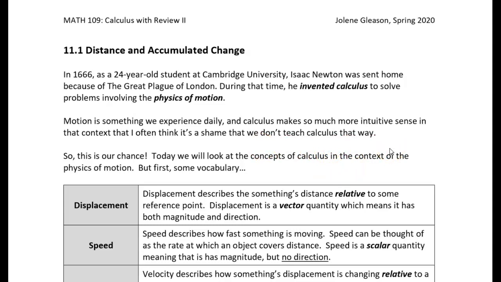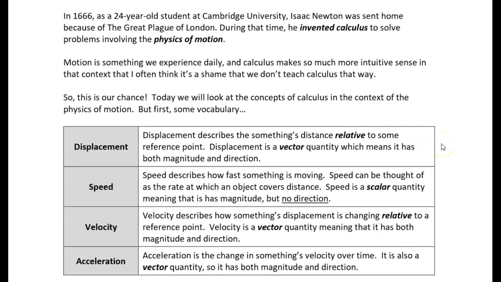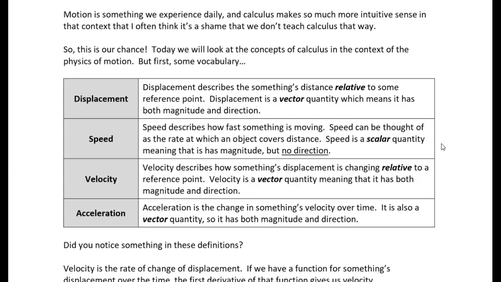And first of all, I want to introduce some vocabulary, because in physics, there's some vocabulary that's used fairly precisely. One of those terms is displacement, and displacement is a distance measurement, but it's the distance relative to some reference point. And it's called a vector quantity because it has a magnitude and a direction associated with it.